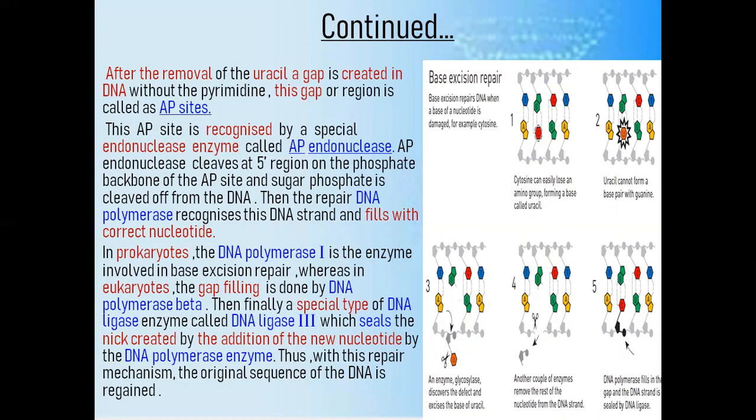Then finally, a special type of DNA ligase called DNA ligase 3 seals the nick created by the addition of the new nucleotide by the DNA polymerase enzyme. Thus, by this repair mechanism, the original sequence of the DNA is regained.